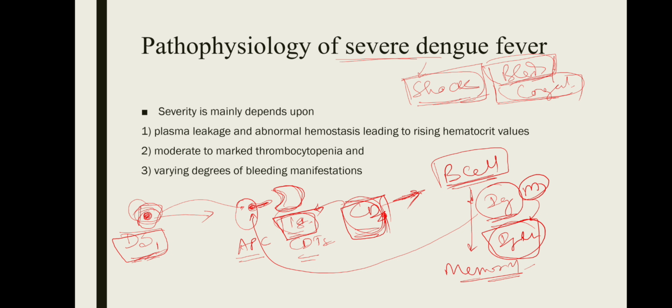Now this same patient is infected again by the dengue virus, and now the strain is 2. This antigen is again presented by the antigen presenting cell to the T lymphocytes, the CD4 cell, and the B lymphocyte.